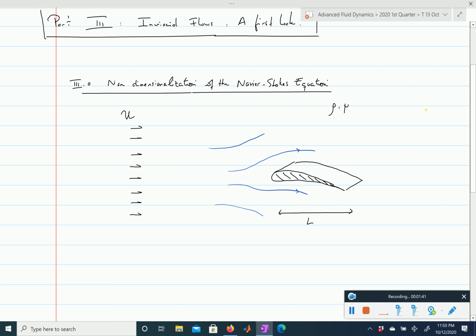We could have, if that was an airplane, effects of gravity. Sometimes they are not important, sometimes they are. It really depends on the problem, but it could be that, for instance, we are interested in the wake.